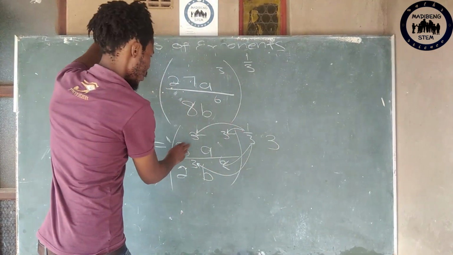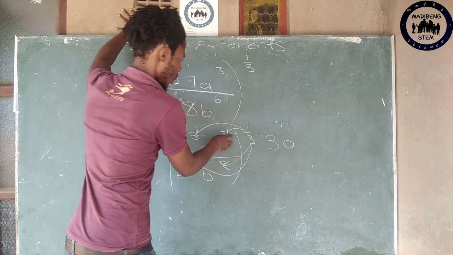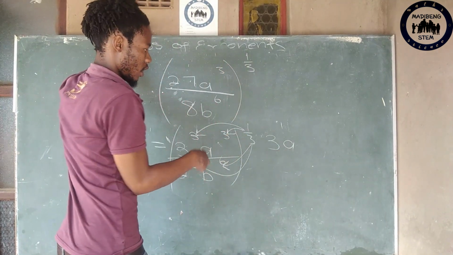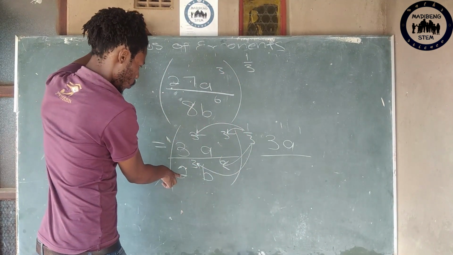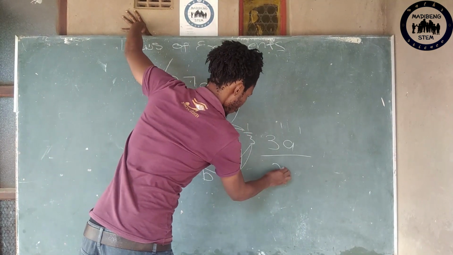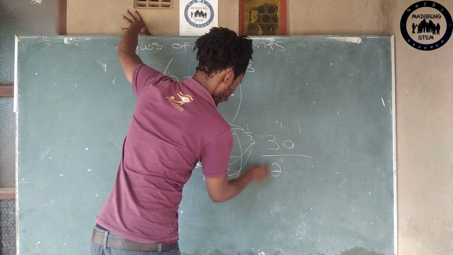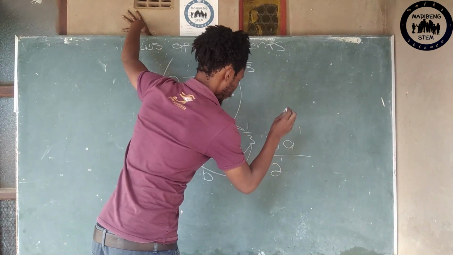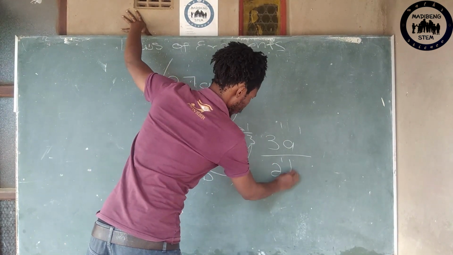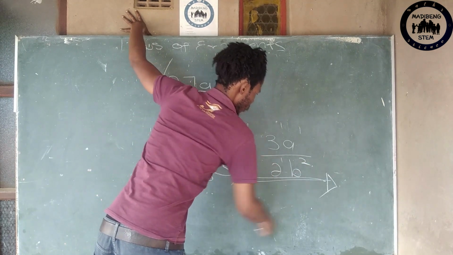So this gives us 3 to the power 1, and this gives us 8, because 3 multiplied by 1 over 3 is 1. So it gives us 1 here. So 2, it also gives us 1 here. 6 times 1 over 3 is 6 over 3. Then it gives us b to the exponent of 2. This is your answer.